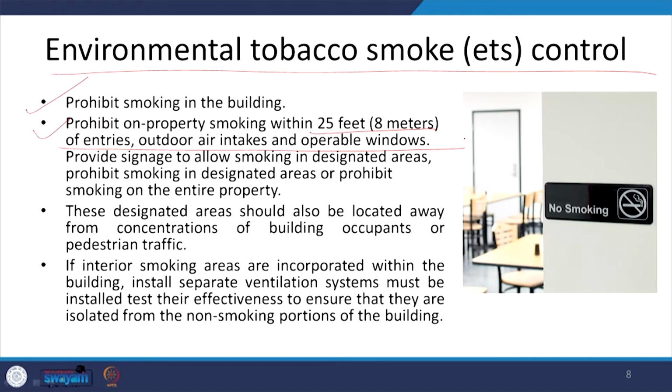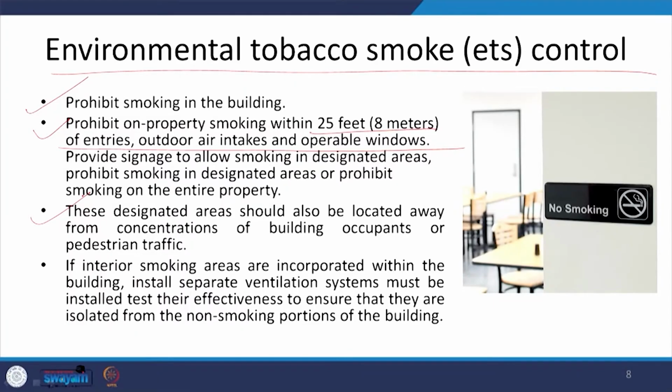In case prohibition is not working, or in addition to that, we should provide designated areas for smoking. They should be located away from concentrations of building occupants or pedestrian traffic, so not where most of the building occupants are. In case an interior smoking area is provided, it has to have a separate ventilation system.